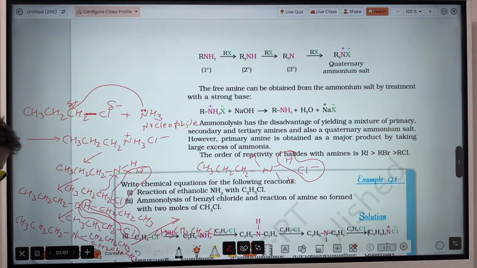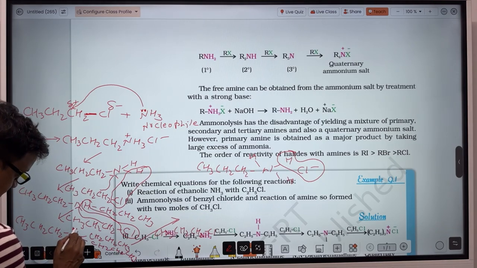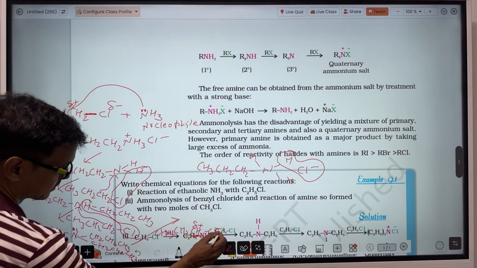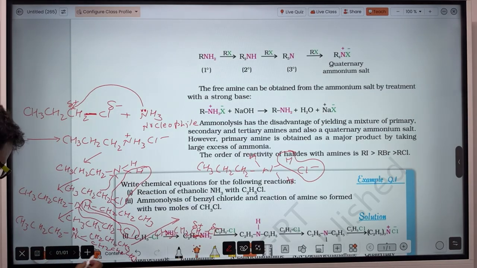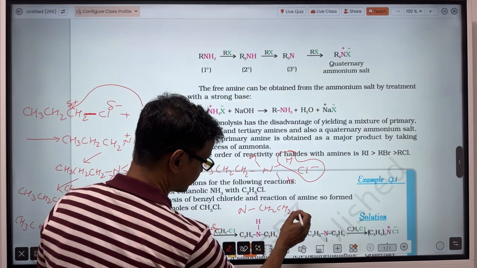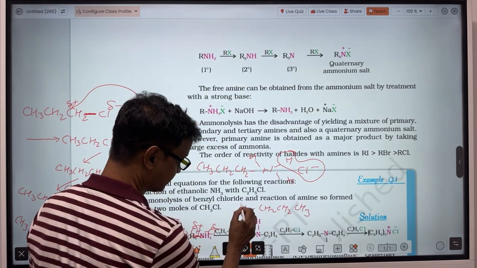Since there is a lone pair of electrons at this nitrogen, this nitrogen will get attracted toward this positively charged carbon. So here this nitrogen will get bonded to this one also. So nitrogen here and four alkyl groups will bond there.